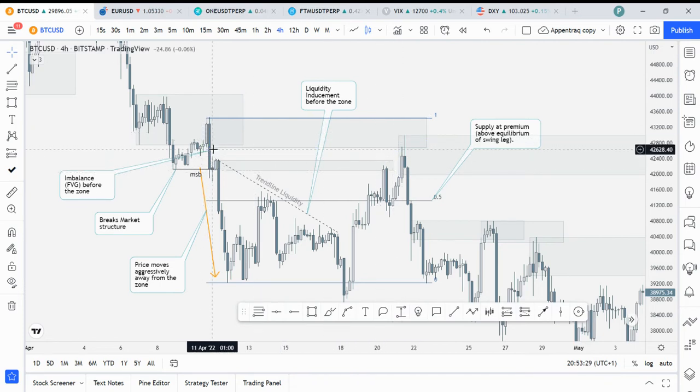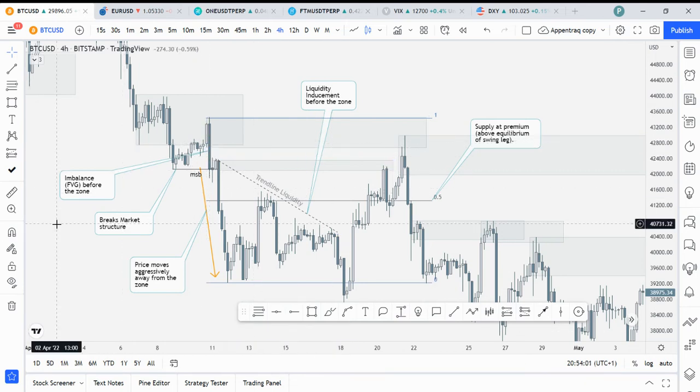Because of this fair value gap at the top here, usually when you have a fair value gap at the top of your entry, you might want to wait to see if price is going to tap or take out the fair value gap. If you have a fair value gap and there is an aggressive move away from that zone, there is a high probability that that zone is going to hold.